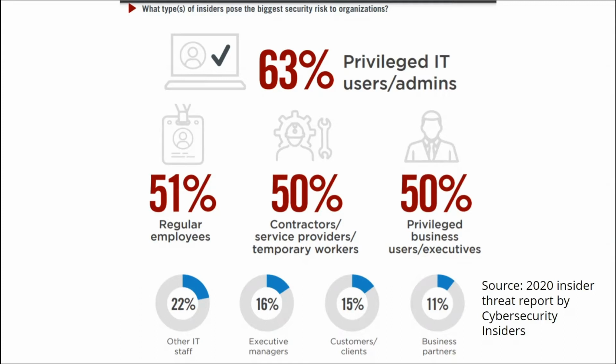One of the most alarming findings from the cybersecurity insider threat report study that was surveyed last year is that many security teams may not recognize the financial impact insider attacks can have on an organization.